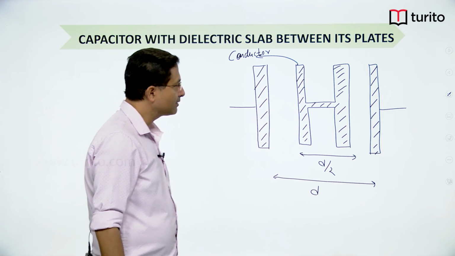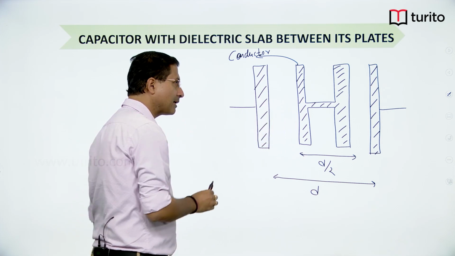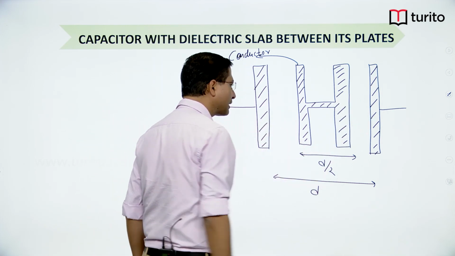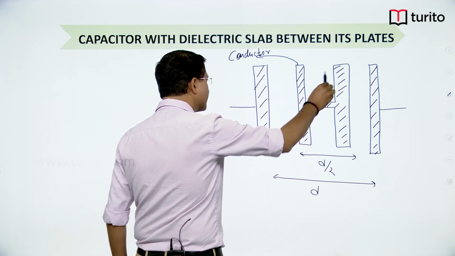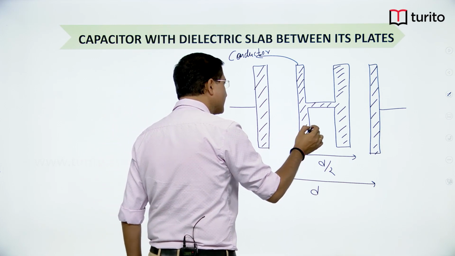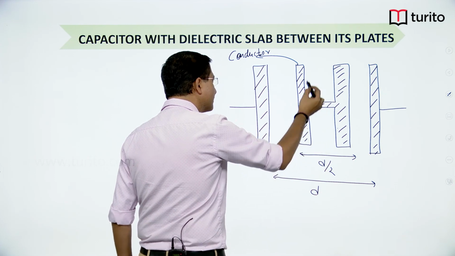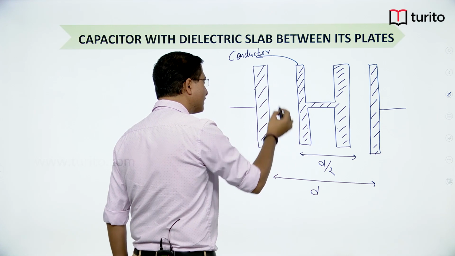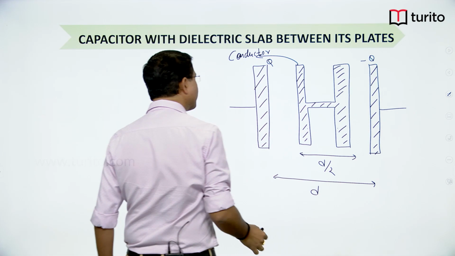Now, as you can see, this space will be utilized as a capacitor, similarly this space will be utilized as a capacitor, but here this space cannot be used as a capacitor, right, because whatever be the potential here, the same will be the potential here, there will not be any electric field here. So, here there will be electric field. If I give positive charge to this one and negative charge to this one, what will happen?